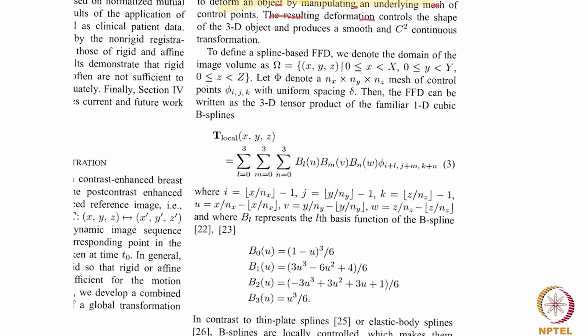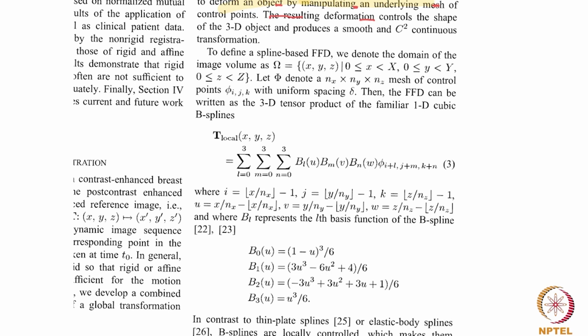Okay, this summation here tells you the number of neighbors that's taken into account. So L equal to 0 to 3, M equal to 0 to 3, N equal to 0 to 3. So we are looking at a large number of neighbors for a particular point x, y, z, because you are summing over phi of i plus l, j plus m, and k plus n.